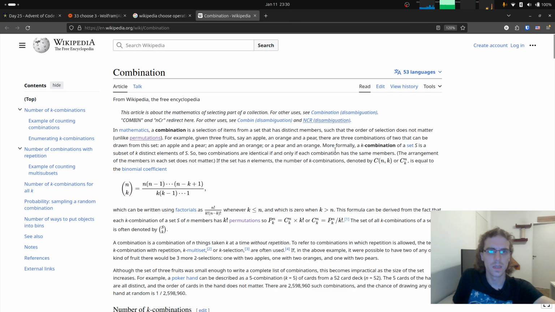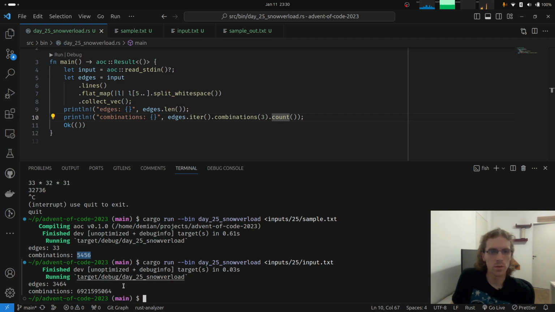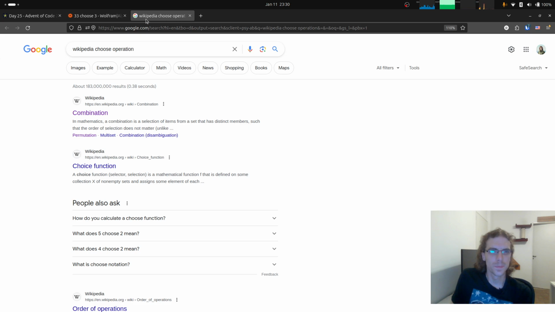So the order in the set does not matter. Did it matter when I thought about that? I'm not sure, but okay, I trust this choose formula, and I trust even more the itertools combinations thing. So that's fine for me.